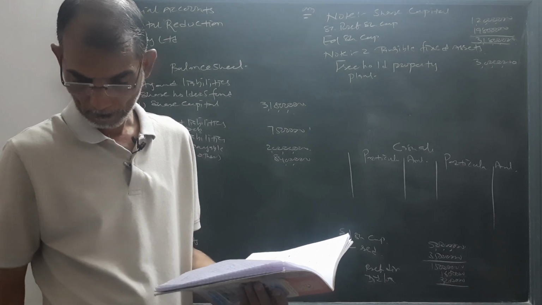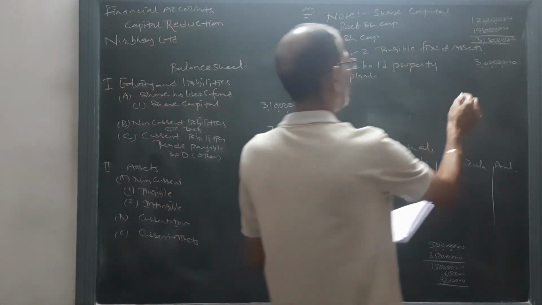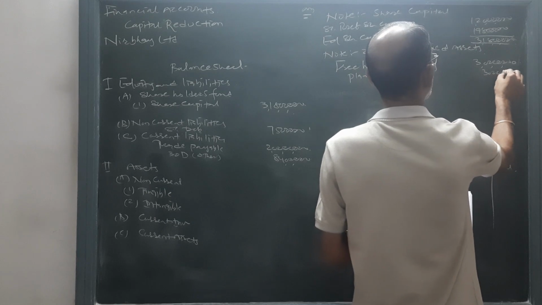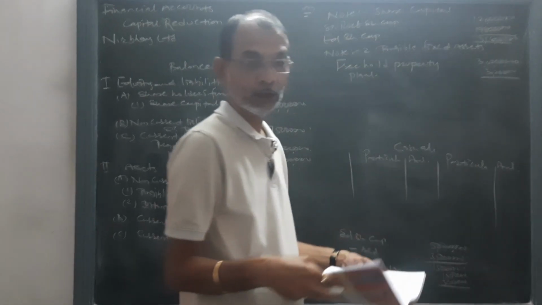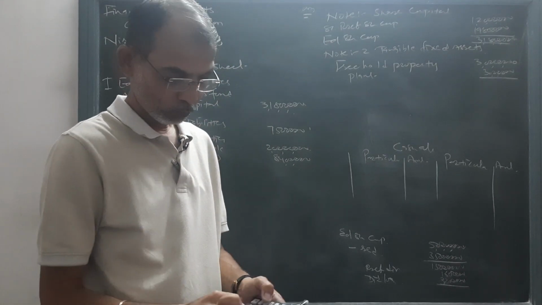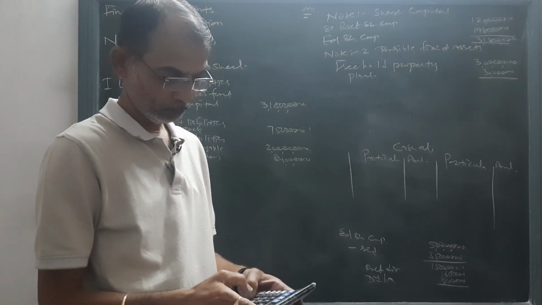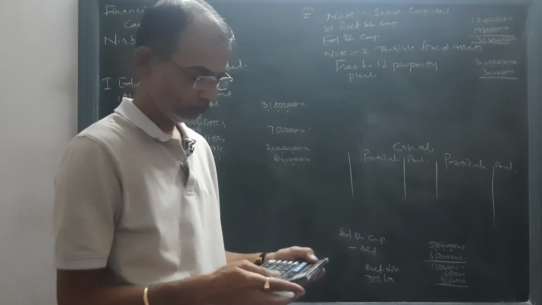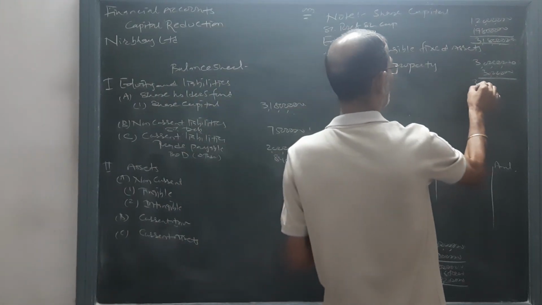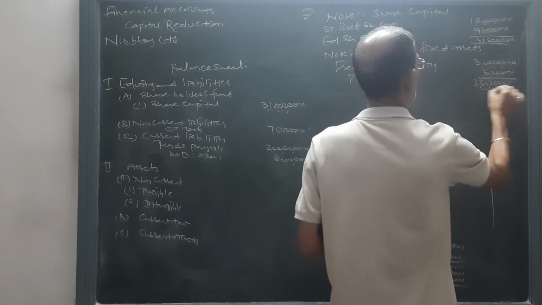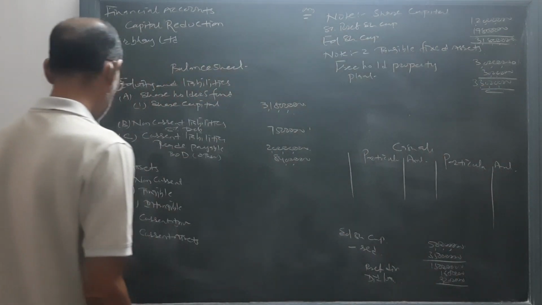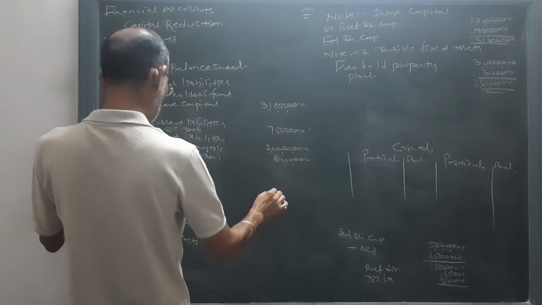So plant will remain 30 lakh and total will be 3 crore 30 lakh. So 3 crore 30 lakh will be tangible.